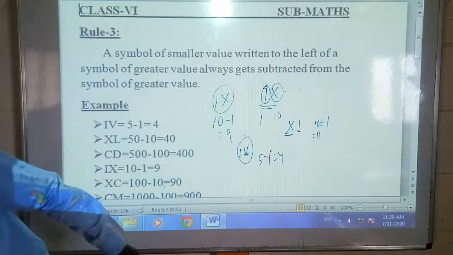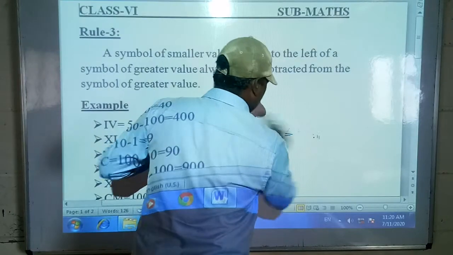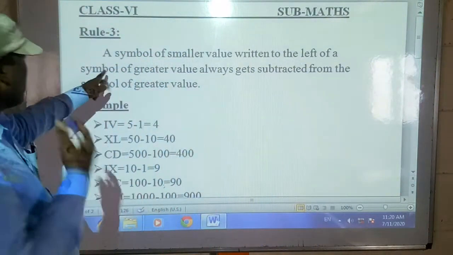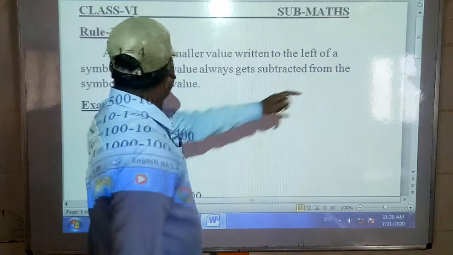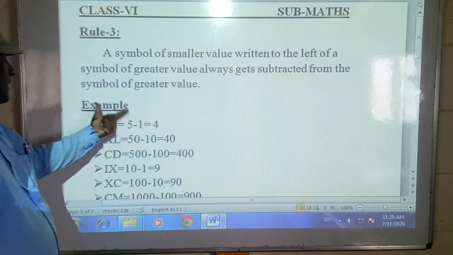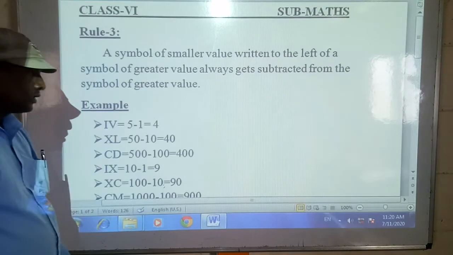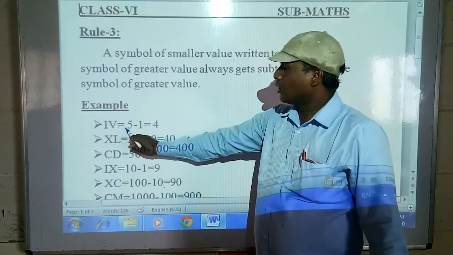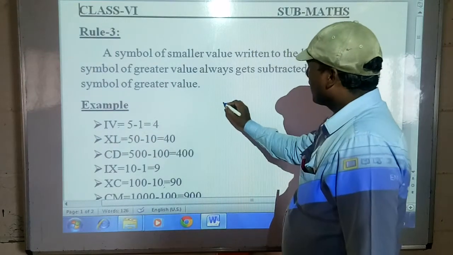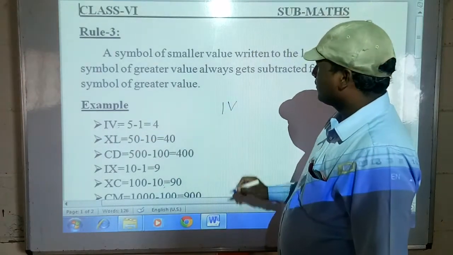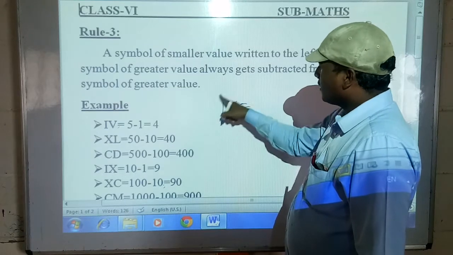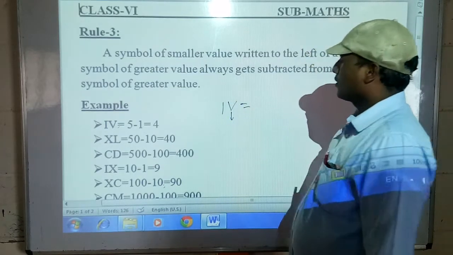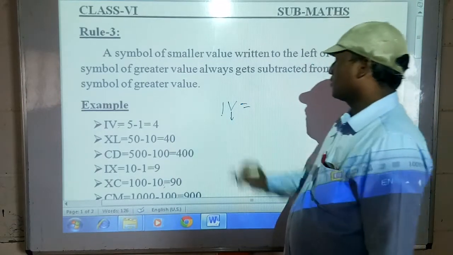So these are the rules for writing Roman numerals. We will see some examples so you can understand. Observe here, IV. First of all, you have to identify which one is greater and which one is smaller.